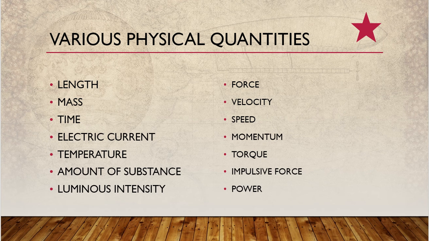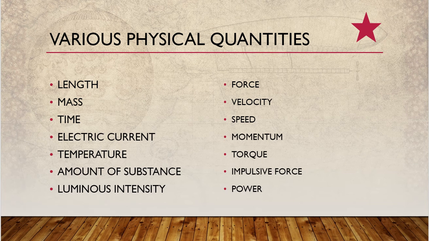On the right side, I have mentioned force, velocity, speed, etc. So these physical quantities are known as derived physical quantities because these derived physical quantities are dependent on the left side physical quantities, which means that the derived physical quantities are dependent on the fundamental physical quantities.